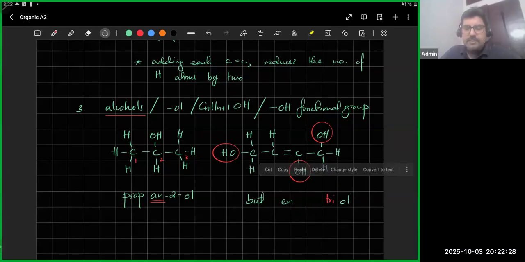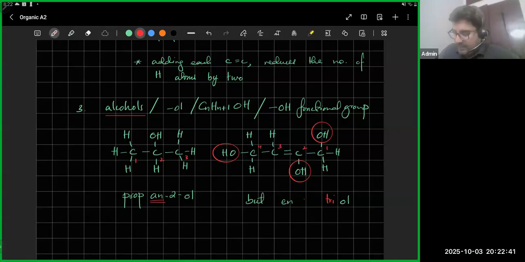For the ene, there's only one of them, but I have to mention the position of each one of the OH groups. The counting is done to give the small number, so it's going to be 1, 2, and 4. So it's going to be 1, 2, 4 triol, and for the ene, you have to give the position of the double bond as well. That's on the second one.